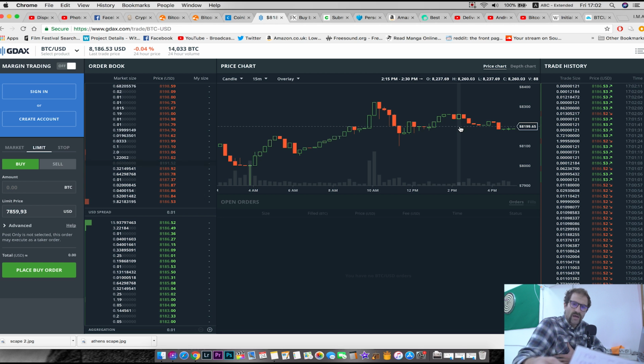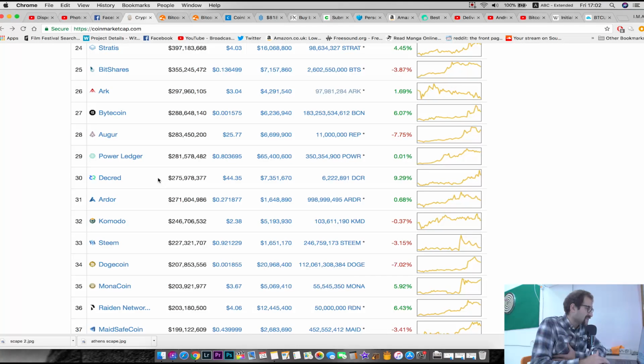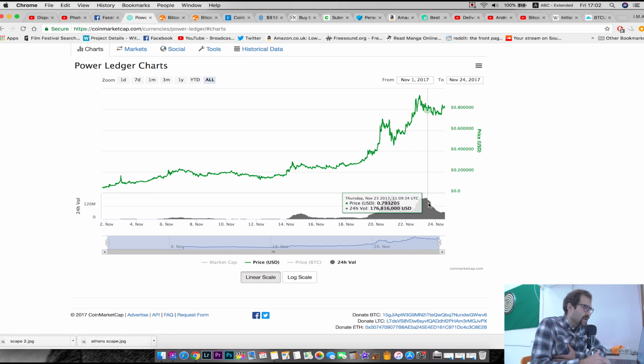And a third news we have here is Power Ledger. If we go here, Power Ledger had a massive increase in its value a couple of days ago. If we see here, on November 19, it was $0.3 in value.